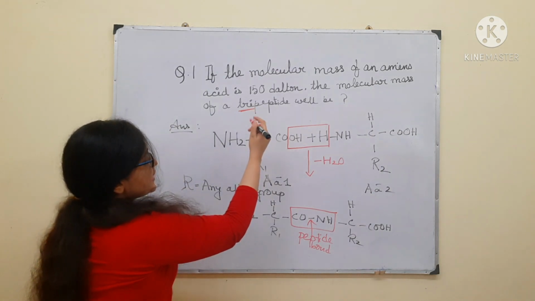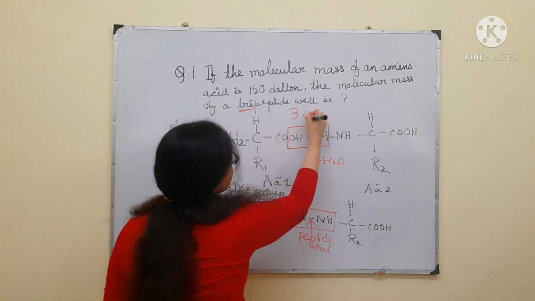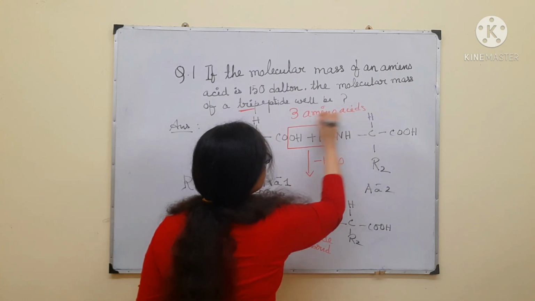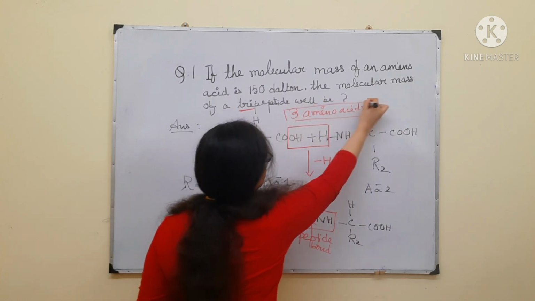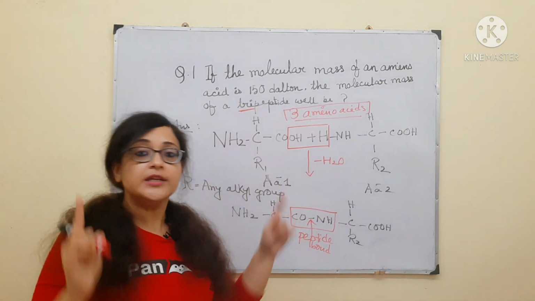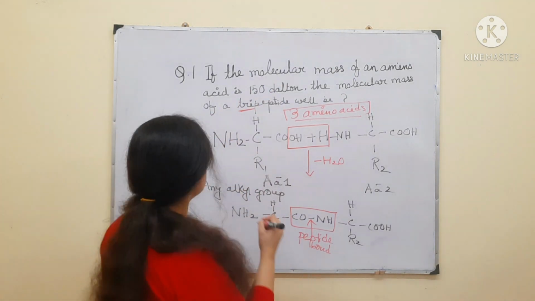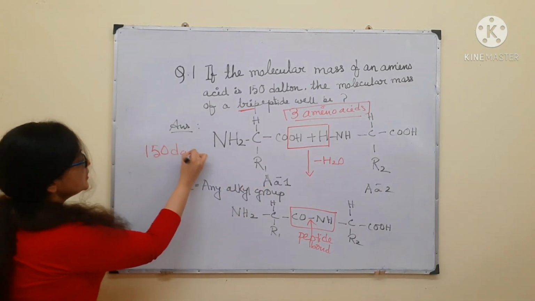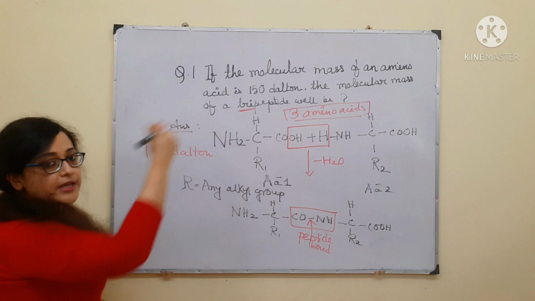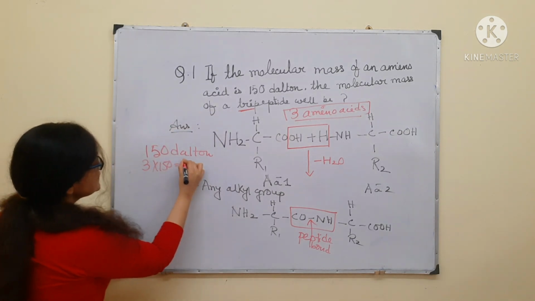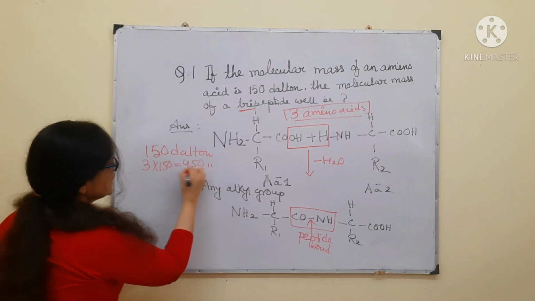So tripeptides will contain 3 amino acids. Now, as per the question, the molecular mass of a single amino acid is 150 Dalton, right? So, 3 amino acids will be 3 into 150, that is 450 Dalton.